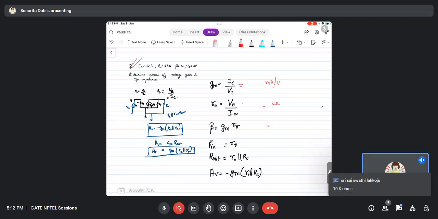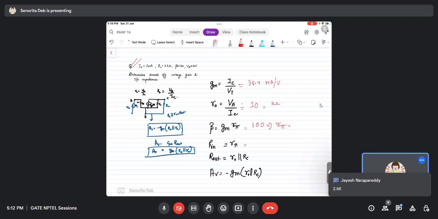I asked you in milliampere per volt. So, okay, right, you guys are right. 38.4. Okay. What is RO? 10K. Okay, good. So what is beta? Beta was 100, already given, right? So then what is R pi? 100 upon 38.4. 2.6K.